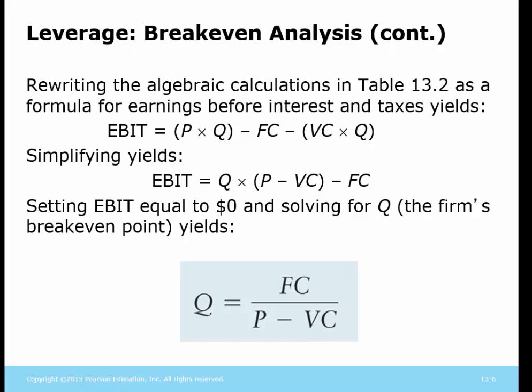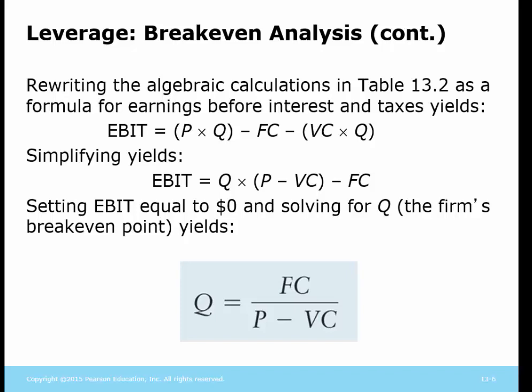Now this P minus the variable cost is actually a very important variable. It's something that's referred to as the contribution margin. When we start producing and selling products, the first profits that we make have to be used to pay off the fixed costs of the company.